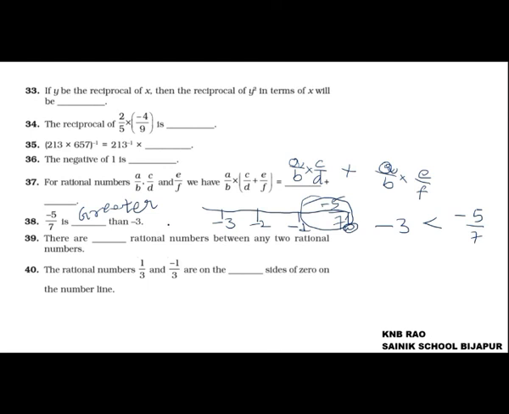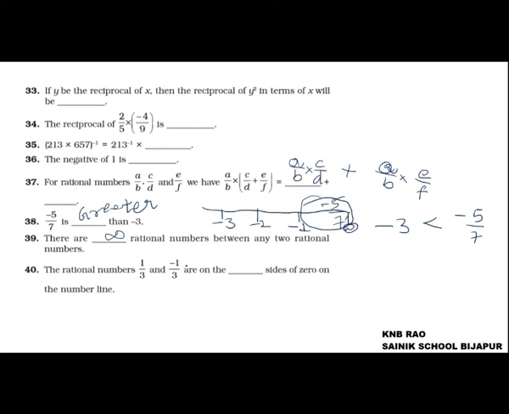Next, question number 39. There are dash rational numbers between any two rational numbers. How many are there? There are infinitely many rational numbers between any two rational numbers. Next, last question number 40. The rational numbers 1 by 3 and minus 1 by 3 are dash on the sides of 0.